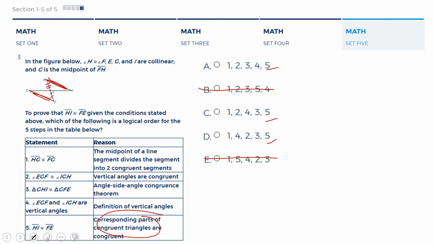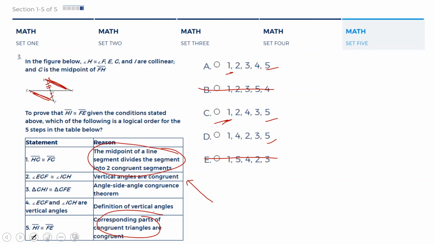All right, now let's go from the beginning. What is the first point? The midpoint of a line. Okay, so we just have to go through the givens. What's the second given? Well, there's no second given. We know that vertical angles are congruent, so that's number 2.